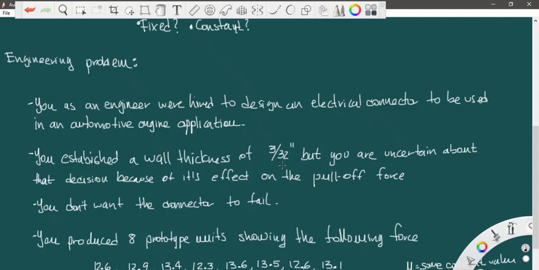The wall is the cover of the connector, the part that can support the connection pins and fit the mate connector, which is the counterpart. So you say, okay, 3/32 of an inch is fine for wall thickness, but you are now uncertain about that decision because there is some effect that you are evaluating in the pull-off force.